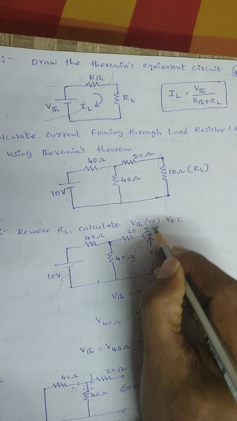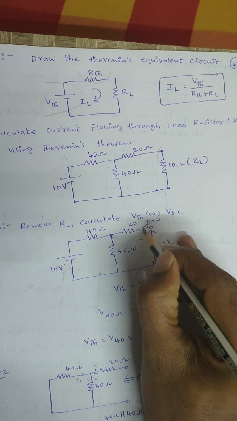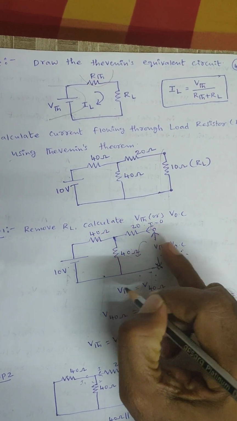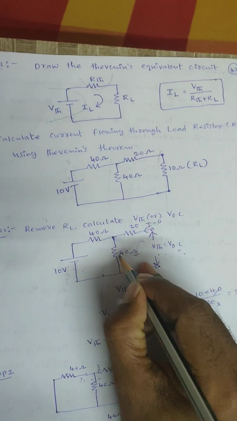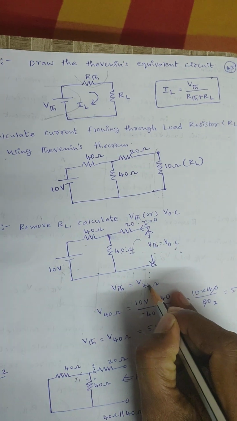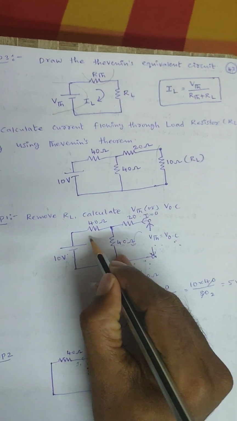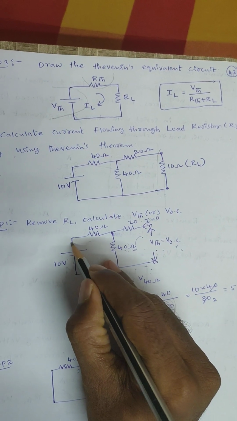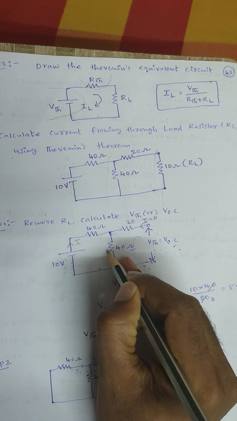When current I is equal to 0, there is no voltage drop across this 20 ohm resistor. Then the total voltage is applied across the 40 ohm. That means VTH is the voltage across the 40 ohm resistor. No current flows through the 20 ohm resistor, so whatever current the battery produces flows through the 40 ohm resistor and the other 40 ohm resistor.